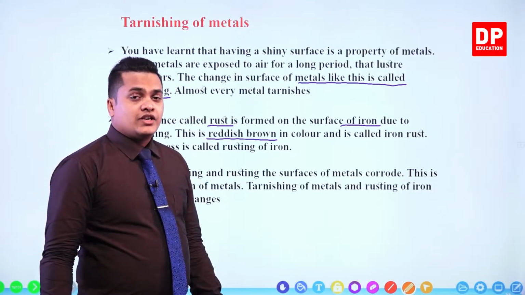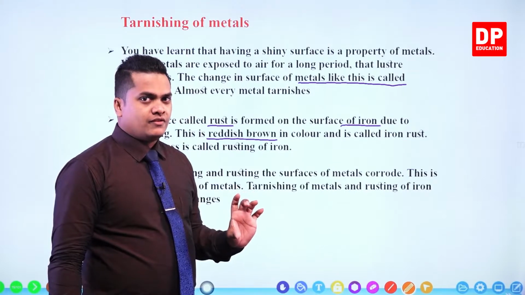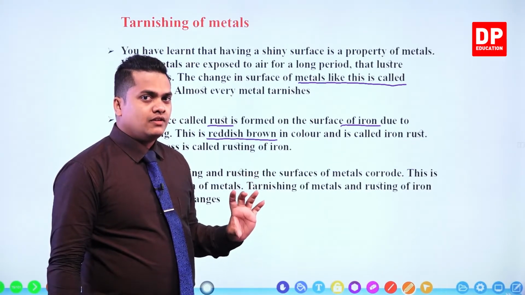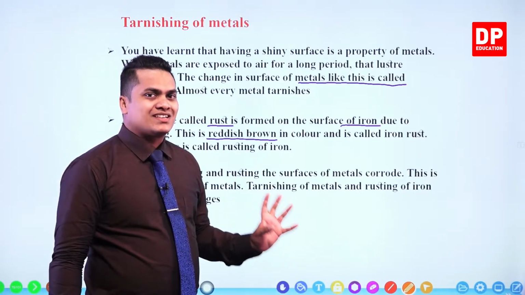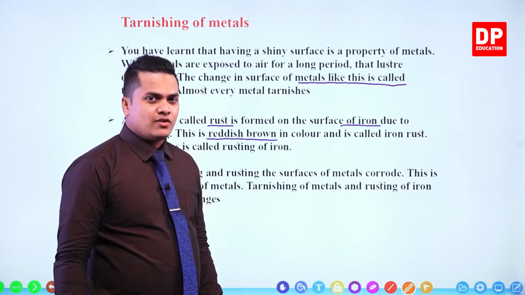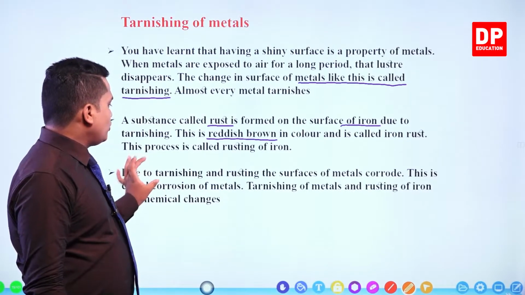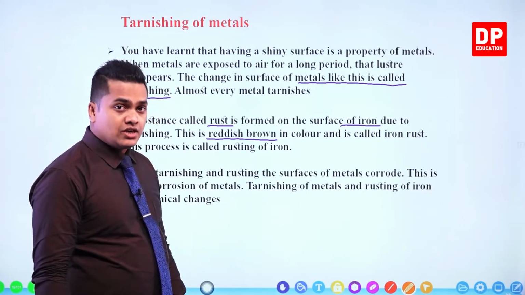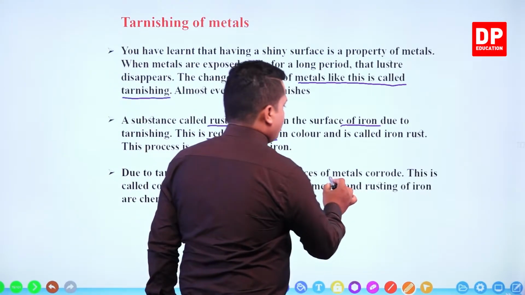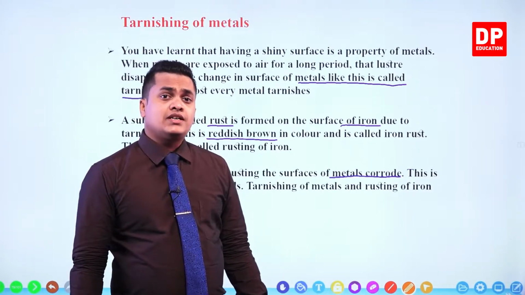The special kind of tarnishing that occurs in iron is called rusting. Okay, rusting of iron, right? So due to tarnishing and rusting, the surfaces of the metals corrode. Surfaces of the metals corrode. So therefore this is also called corrosion of metals.